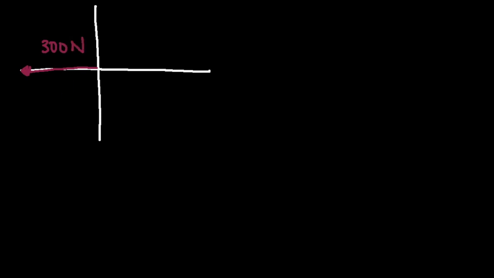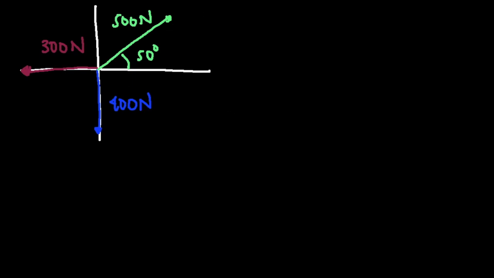And then I have another vector which is directed to the south, which is 400 newtons. And then I have another vector, let's put it here. Okay, this is 500 newtons, and this has 50 degrees of an angle.